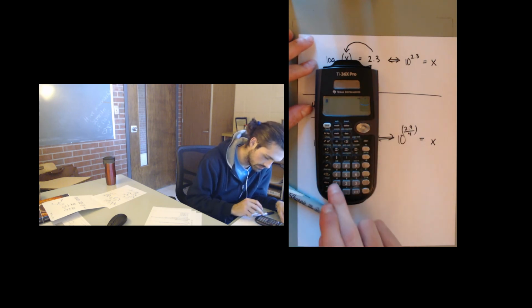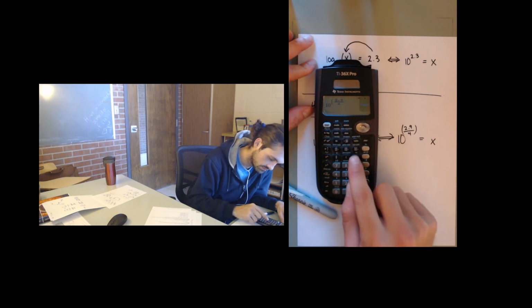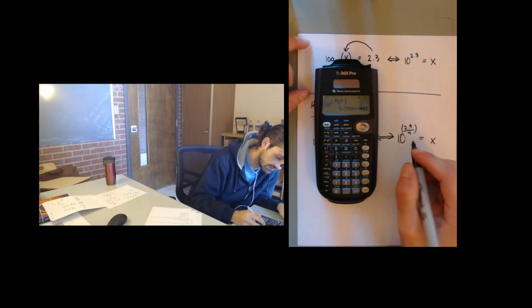So from here, it's a matter of taking 10 and raising it to the 2.9 over 4. So 10 raised to the fraction of 2.9 in the numerator, 4 in the denominator, gives me 5.308.